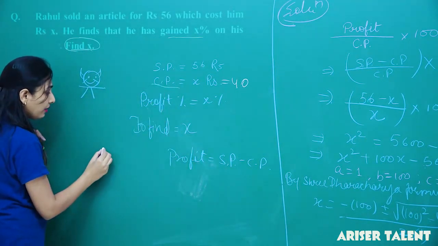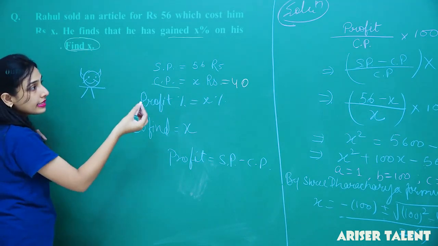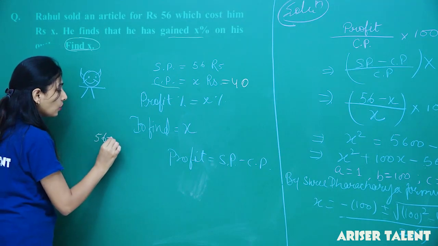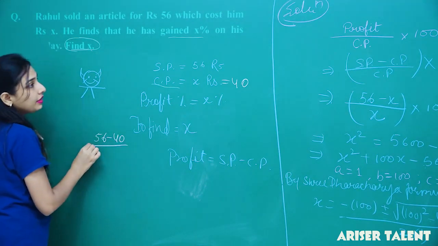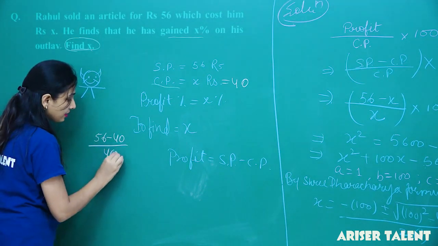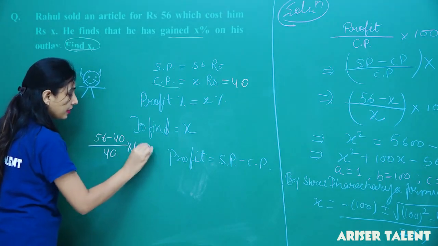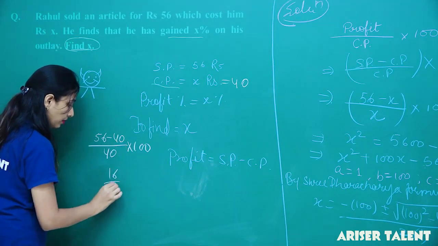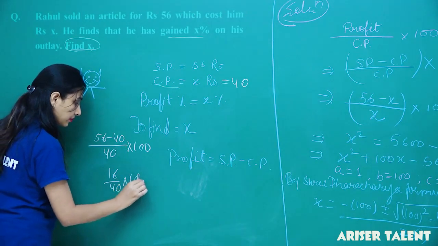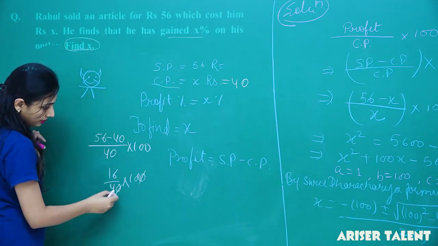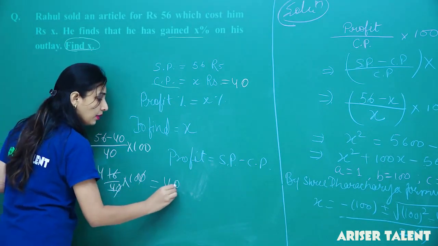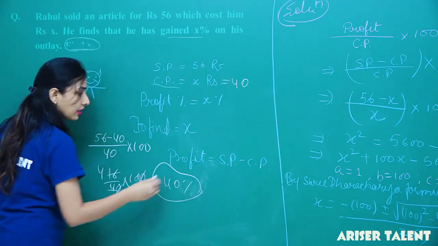Okay, so I have this profit, which is selling price minus cost price. Now selling price is 56, cost price is 40, divided by the cost price, multiplied by 100. So that will become 16 by 40 times 100, which is 40%, right students?